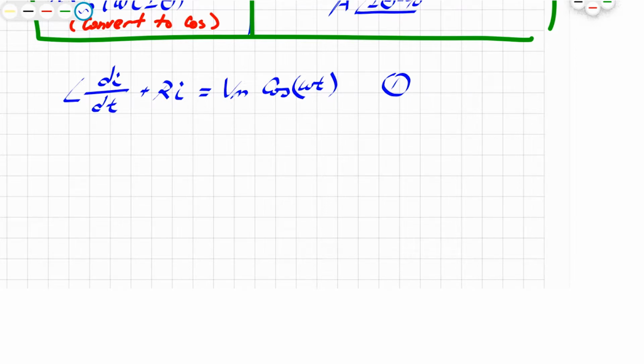Now we want to write it in phasor form, L times di/dt. For the I, we're going to use phasors. The phasor contains only the information of amplitude and phase angle. So the I itself also has that e to the j omega t component.